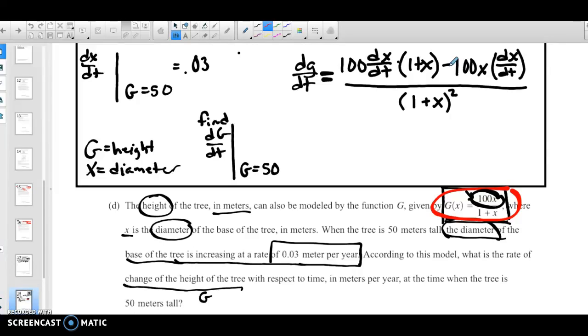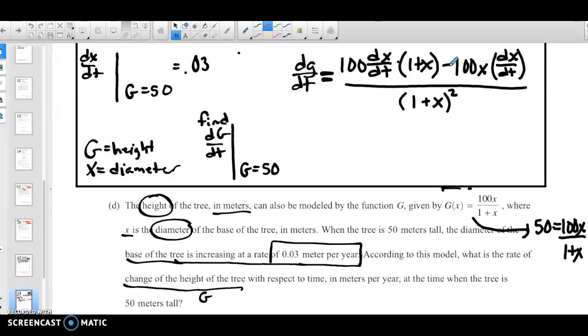So that's the information I need, and I'm going to find dg/dt when g is equal to 50. Well, there's nowhere to put in g. I need to know what x is when g is 50. So I'm going to come down to this equation right here. So 50 equals 100x over 1 plus x. And I can do the algebra on that, but I can already see that x is equal to 1.